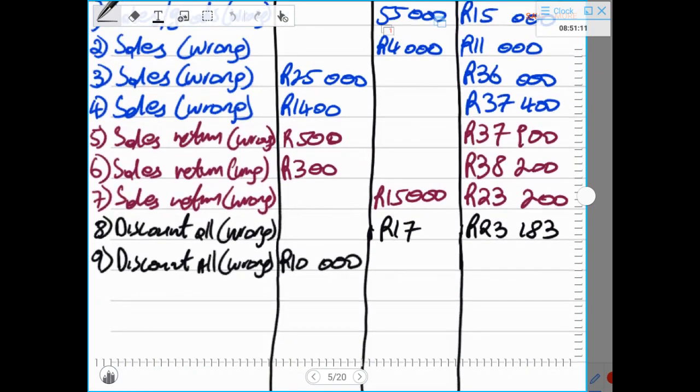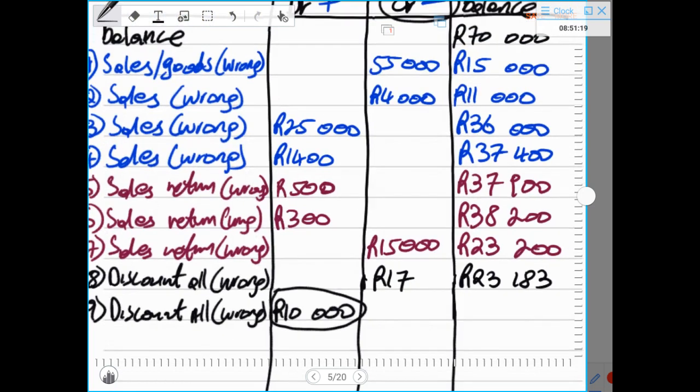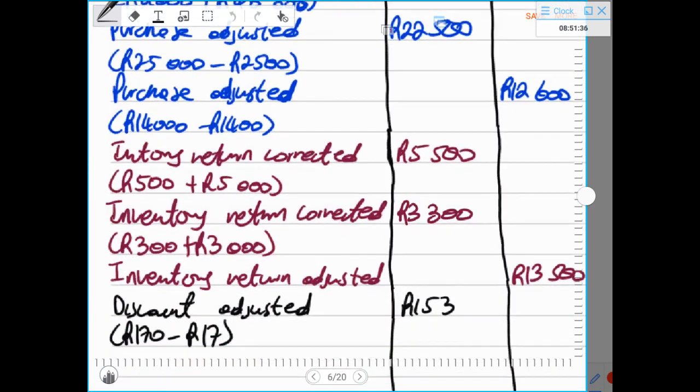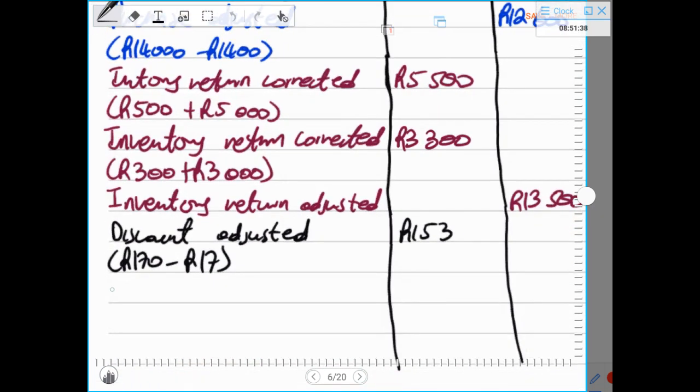If it's on the wrong side, don't forget, you correct it on the same side it was recorded incorrectly. Remember, the incorrect side in this case is the debit side. So we have to cancel the 10,000 on the same side, then record the correct amount on the same side where it was recorded incorrectly. So we go to our creditors reconciliation and say discount corrected.